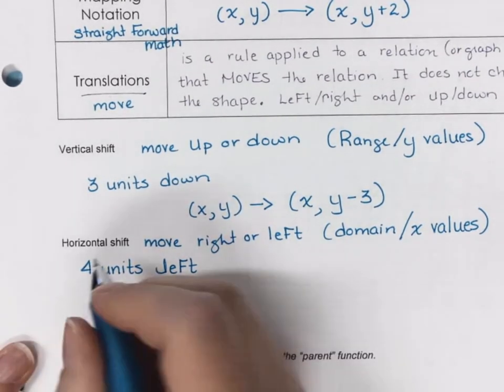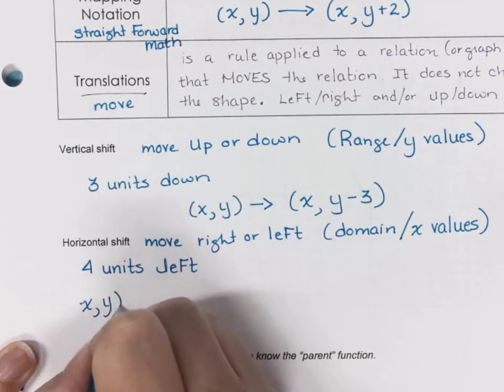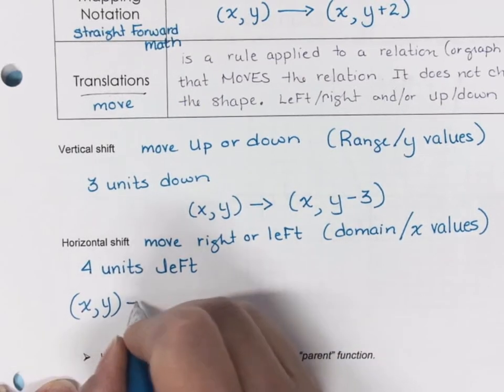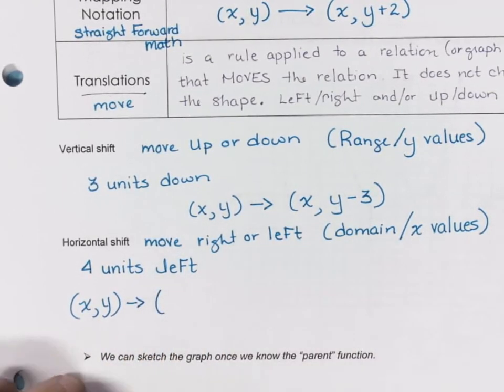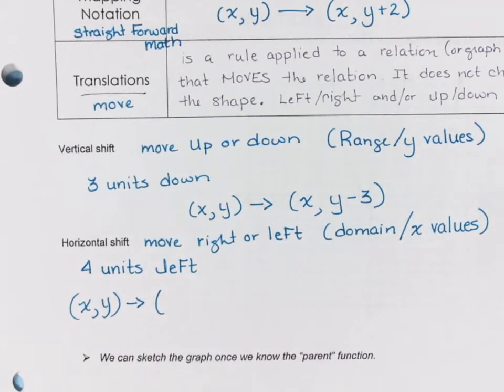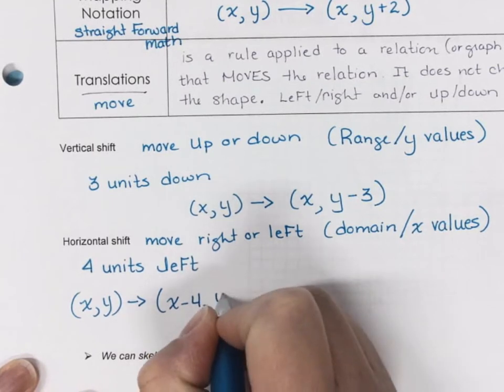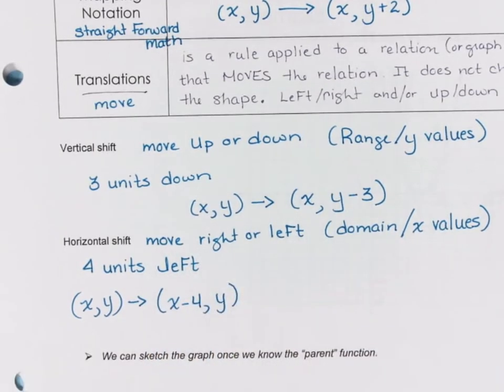So if I go 4 units left, we're going to be doing this to our x's now. So if I was at 0, 0, and I move 4 units left, where am I now? -4. So we're going to have x minus 4, and nothing's happening to the y's, right?